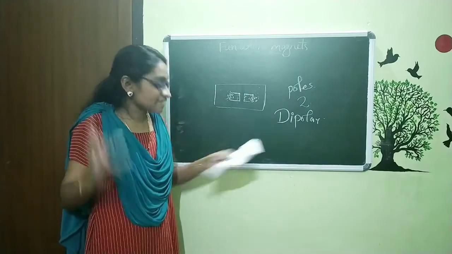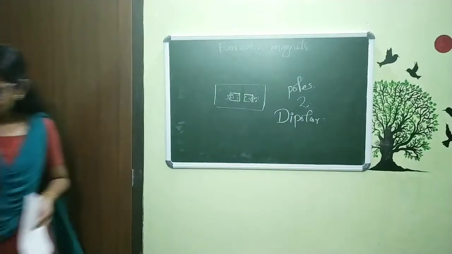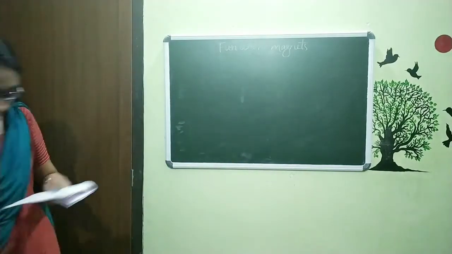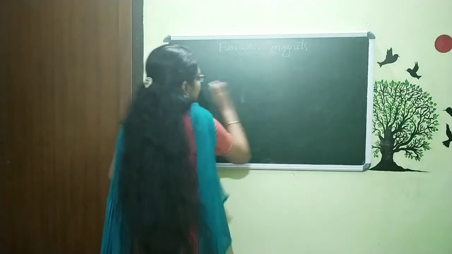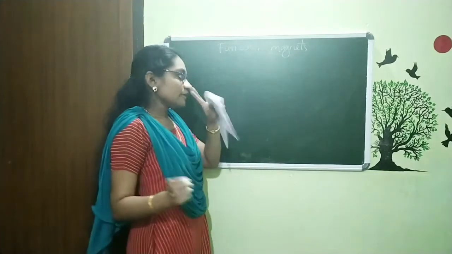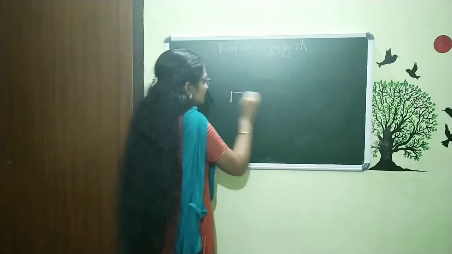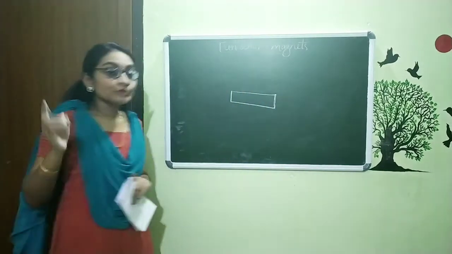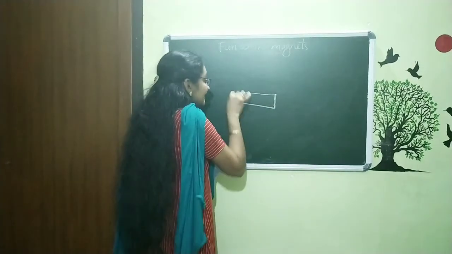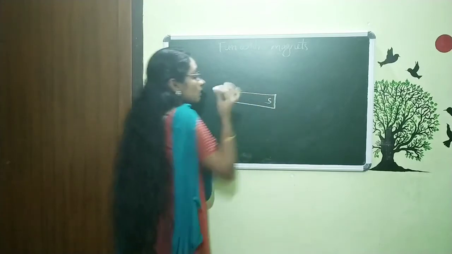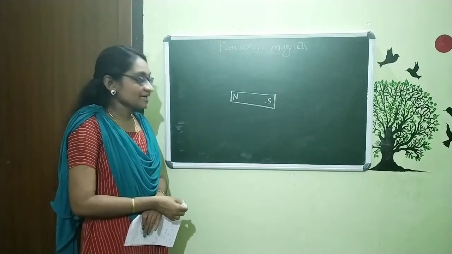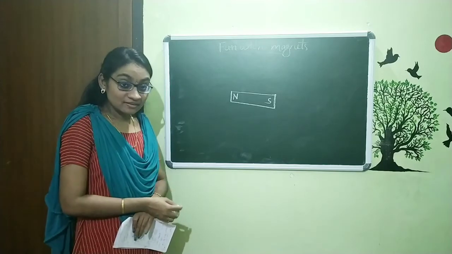A magnet is dipolar. And what is the name of these poles? Is there any particular name for them? When you observe the diagrams of magnets, you can see in some magnets N and S written on them. What are this N and S of the magnet?